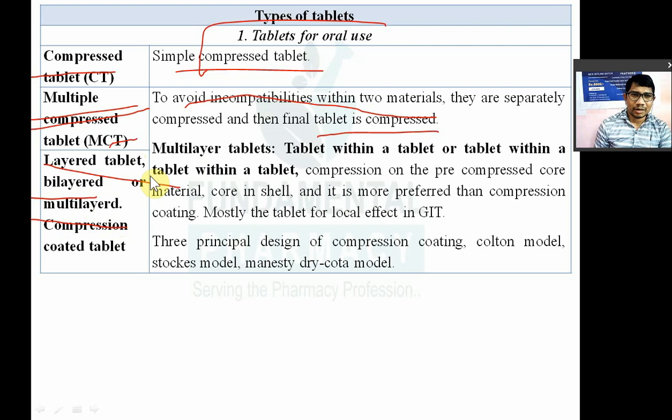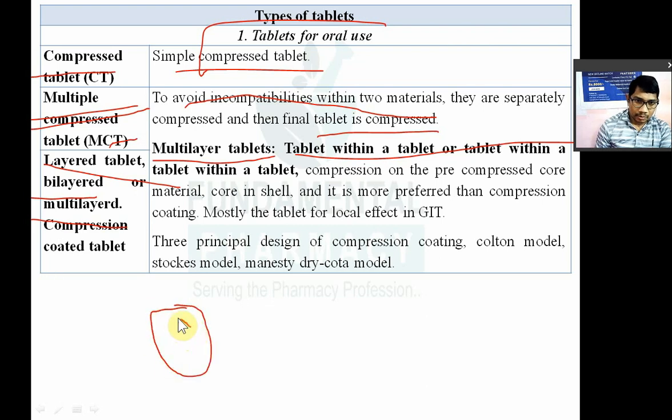So multi-layer tablet, okay, so tablet within a tablet within a tablet. देखो क्या बोलता है यहाँ पे, बोलता है एक बड़ा सा टैबलेट है, उसमें क्या है और एक टैबलेट है, उसमें भी क्या है और एक टैबलेट है, tablet within a tablet within a tablet, there are three tablets.